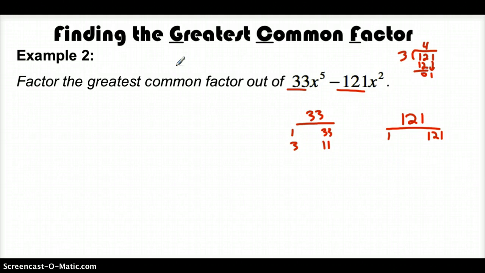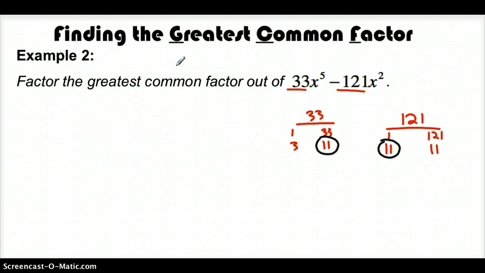So we know that's not going to work. 4 won't work, 5 won't work, and 6 won't work here either because it's an odd number. Now 7, let's see. I know that 11 times 11 definitely works. I think that might be our special number here, so let's call our greatest common factor here 11.